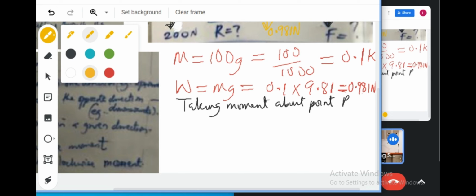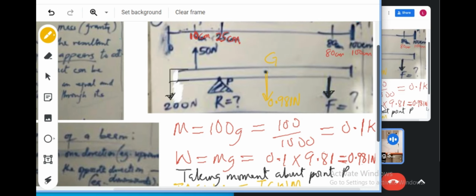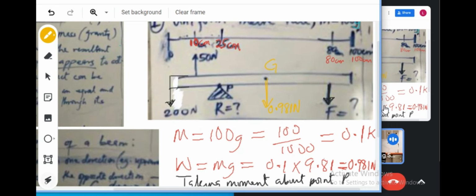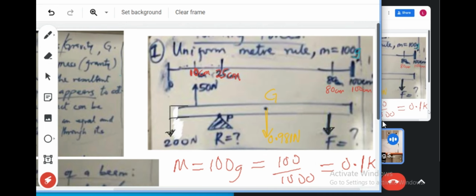So I can write total anti-clockwise moment. Let's see which ones are anti-clockwise. This is where it's important, applying the principle of moments. The 200 Newton force is anti-clockwise. So what's its moment?